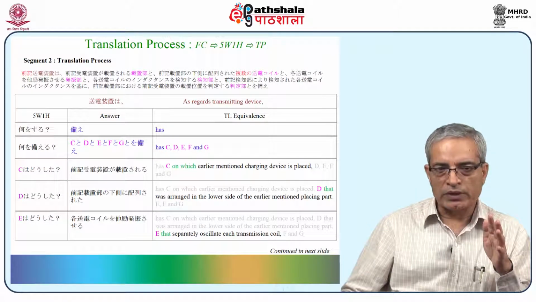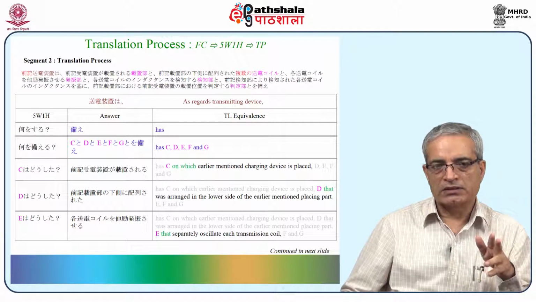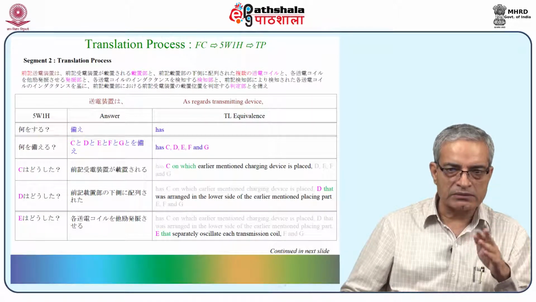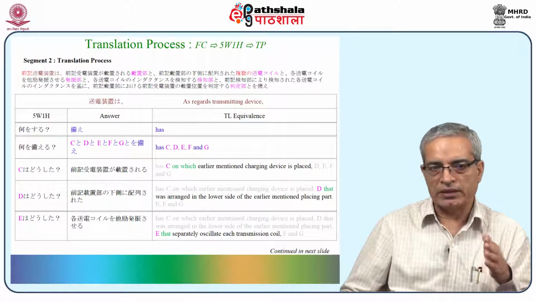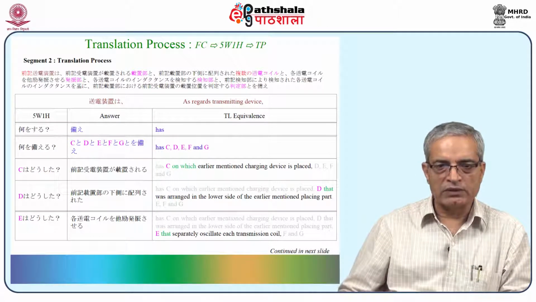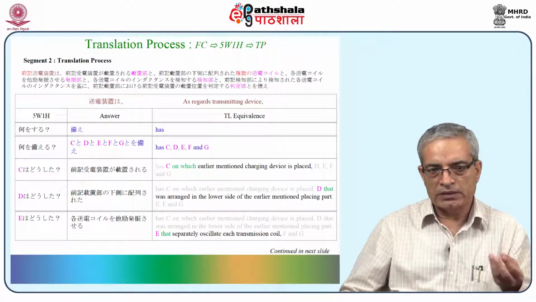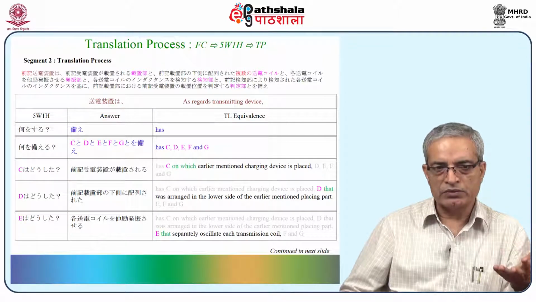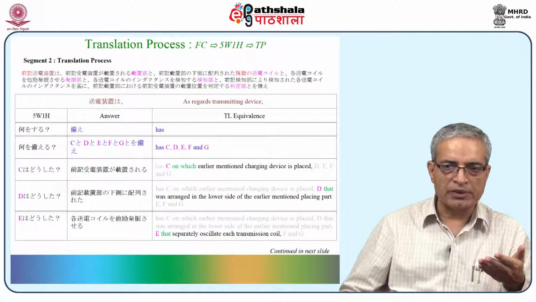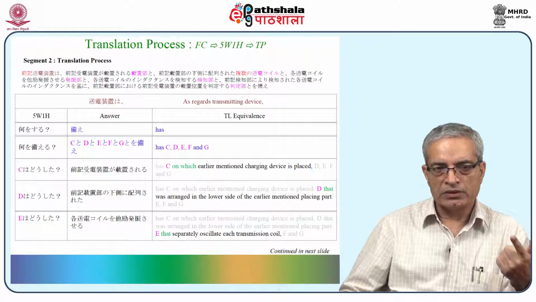So the first one was sonai, that means it has or it is equipped with, and the second verb is the device is placed because it is saichi sareru, and the third is hairetsu sareru, it is arranged in the lower side of the earlier mentioned placing part. Again it is hashin saseru, and the translation is separately oscillate each transmission coil. It continues in the next slide.